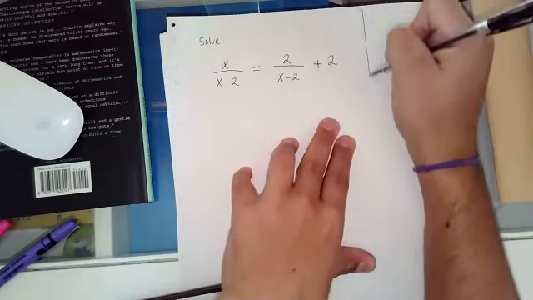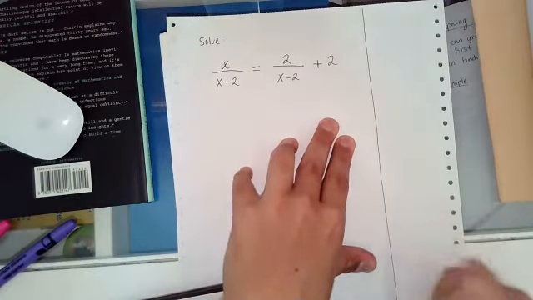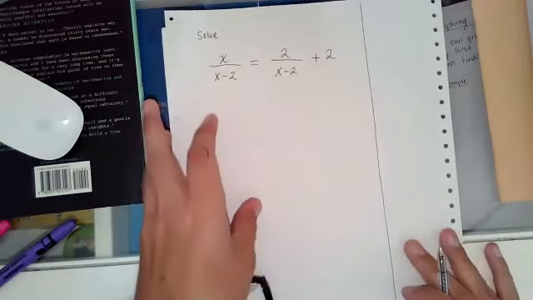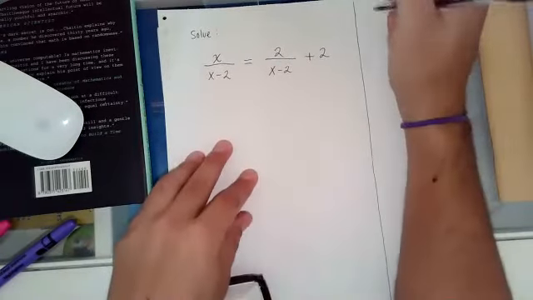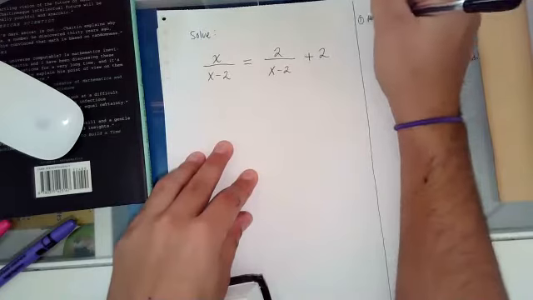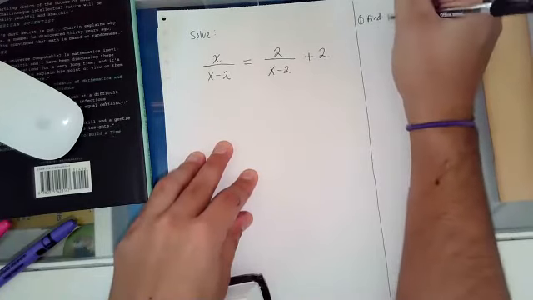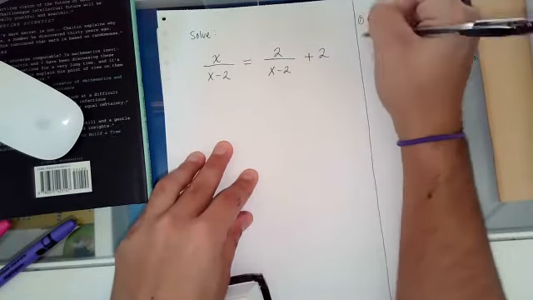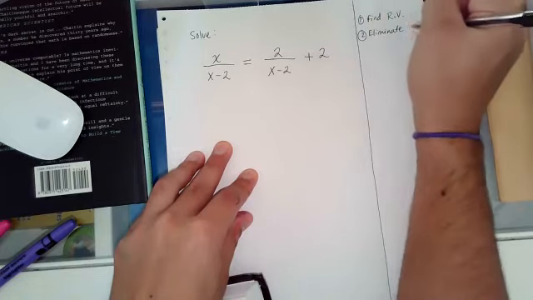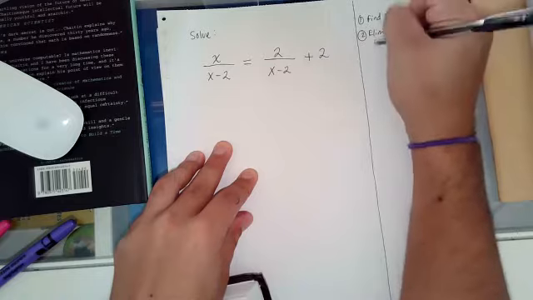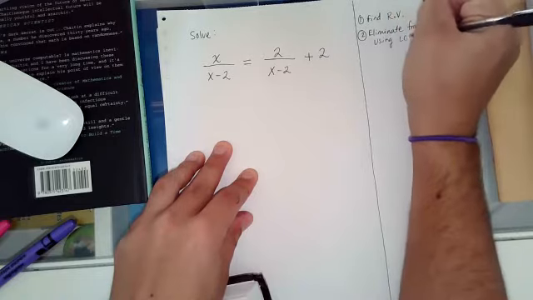And again, I'll write the steps over here, but I want you guys to try to solve it on your own. It's the exact same steps, okay? You're going to look for the restricted values. You're going to eliminate the fractions using the LCD.